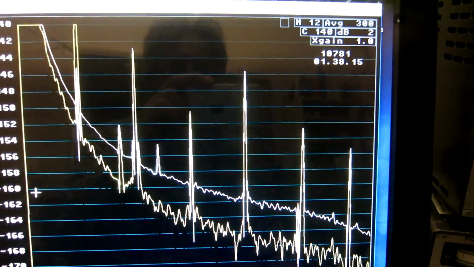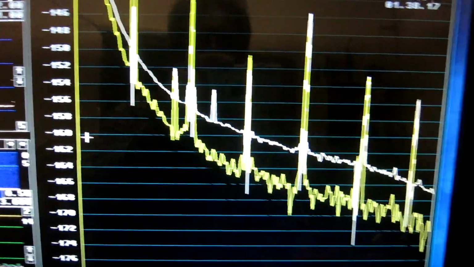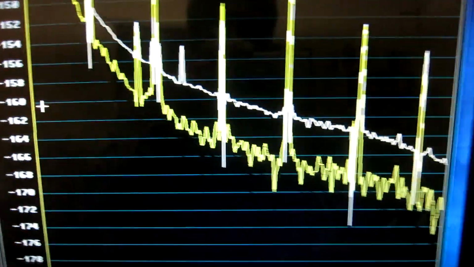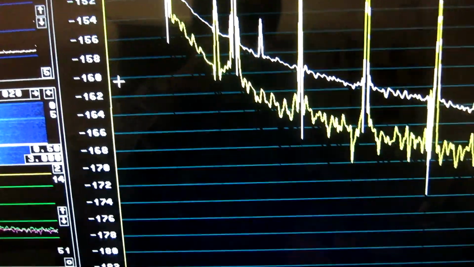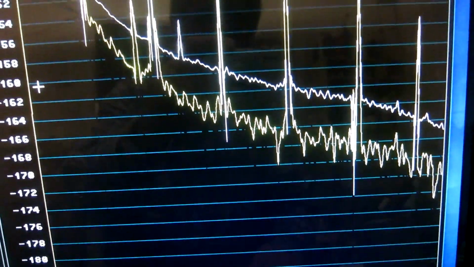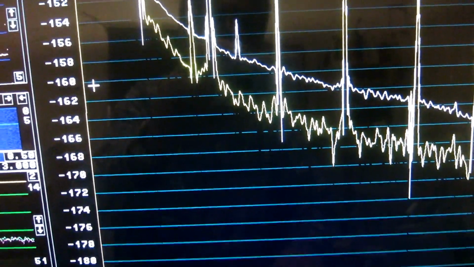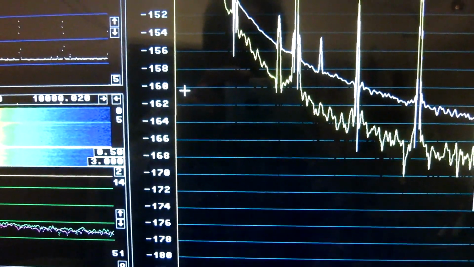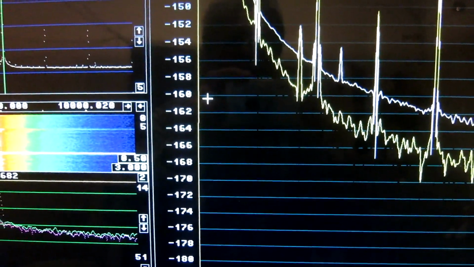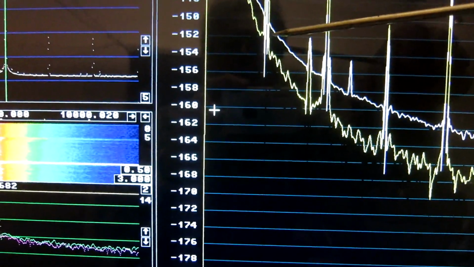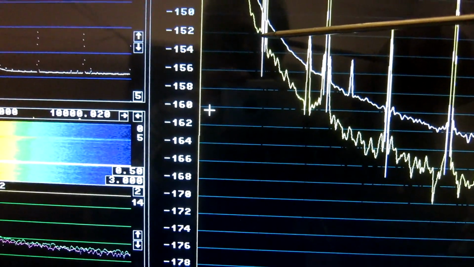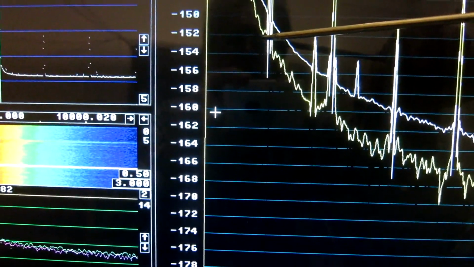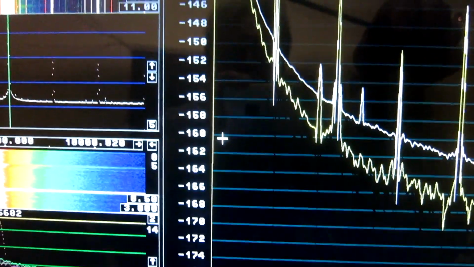10,700 averages. And when I move here you can see that the yellow track is much lower than the white. Phase noise is much lower than amplitude noise. But the phase noise at 50 Hertz is fairly strong, minus 153, and it goes rapidly upwards here.